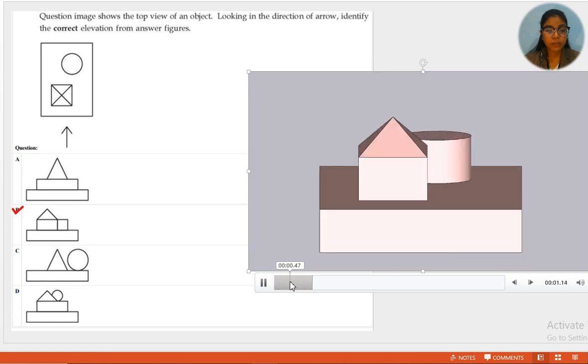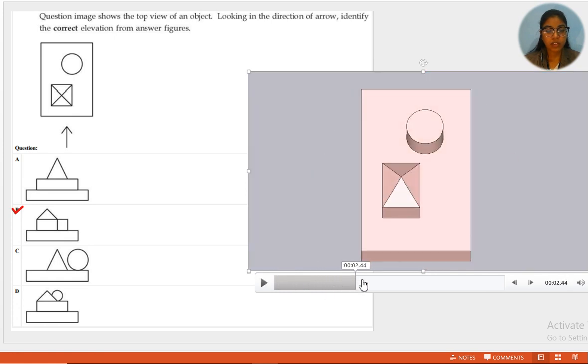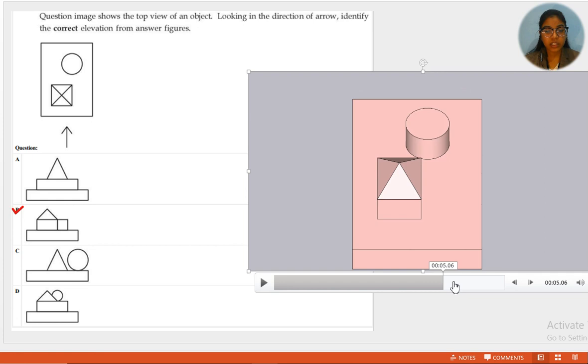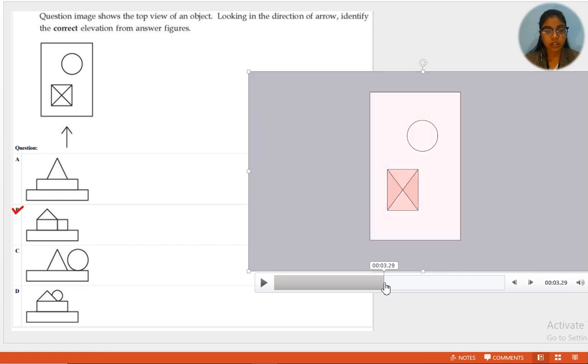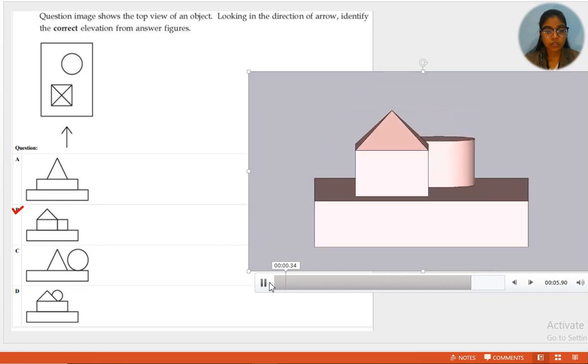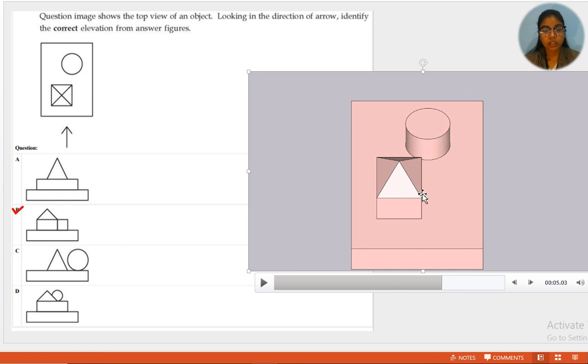Now look into the video. In this way, it is getting transformed. Are you able to see this one? Now let's focus over here, this pyramid part. If you look at the pyramid part from the top, it's the plan. If you talk about this plan, you will get to see a square with two diagonals.